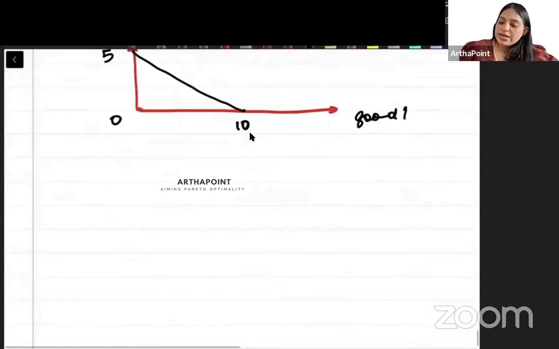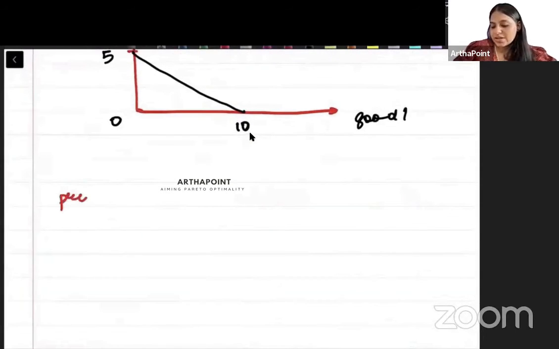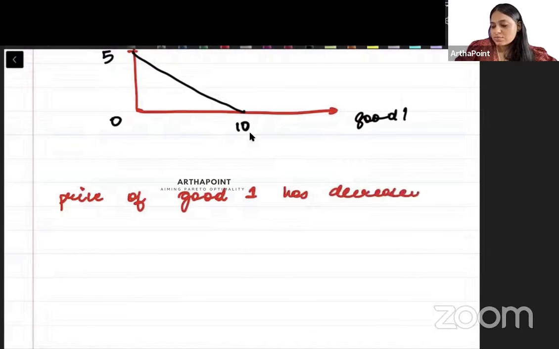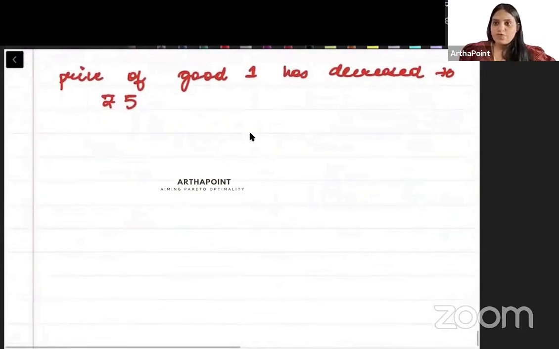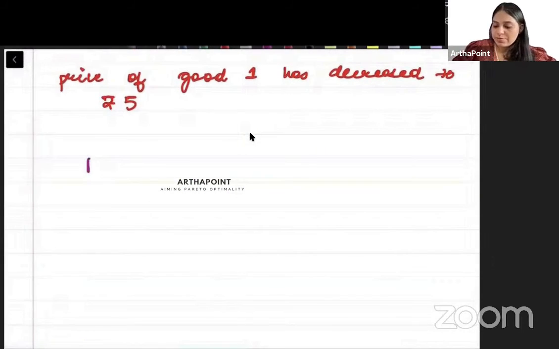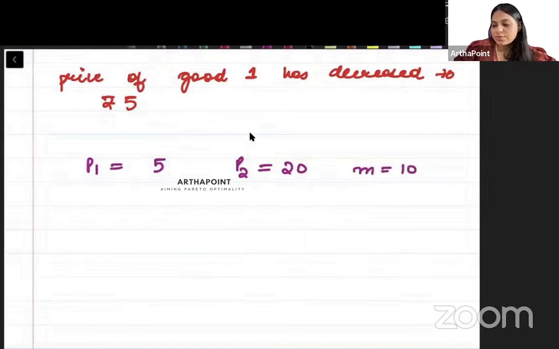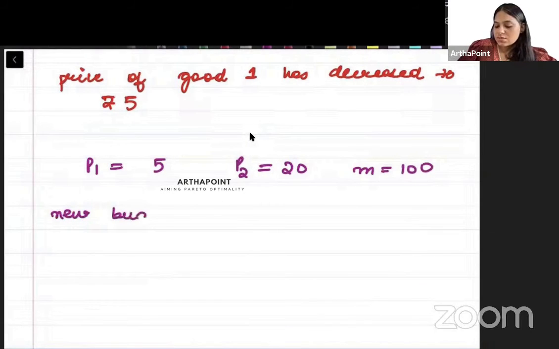Okay. Now I am saying that the price of good 1 has decreased to 5 rupees. So now the price of good 1 became 5, good 2 is still 20, income is 100 only. What will be your new budget line?